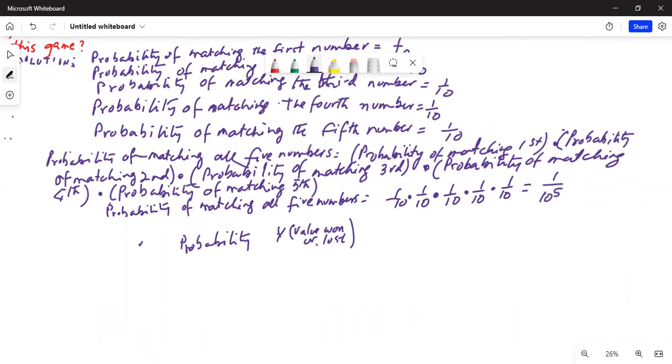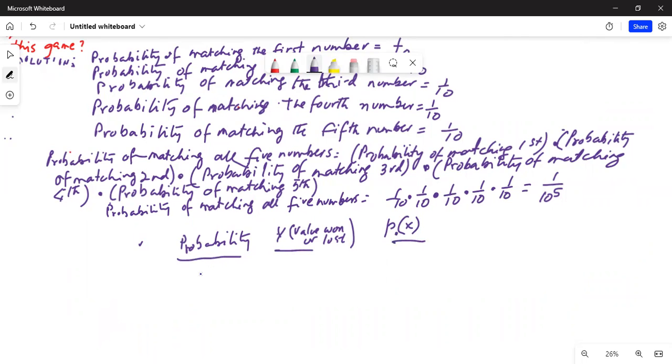And so we will multiply probability P times X. This is multiplication, P multiplied by X. So this is a table we are going to make.